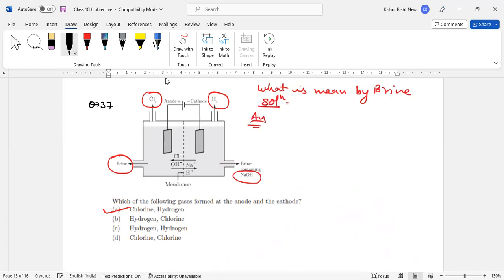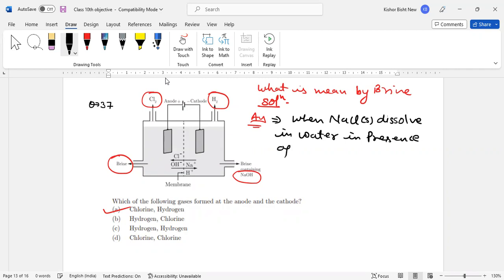When NaCl is dissolved in water in the presence of electricity, that solution is called brine solution.